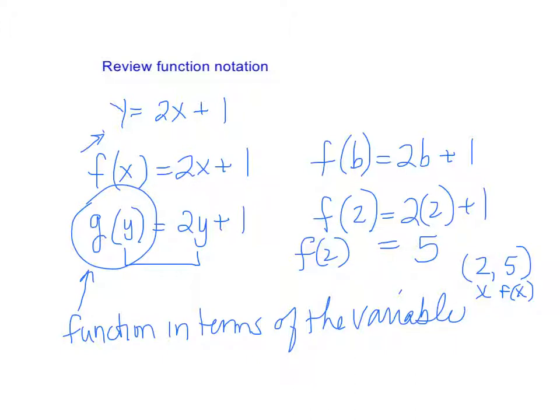Just on this one, we're going to evaluate, which we've done already a little bit. Okay, here's an example on how to evaluate a function. The example is if I have the function f of x is equal to x squared minus 2x plus 3, then I want to find f of negative 1. So this is an evaluation of a function.